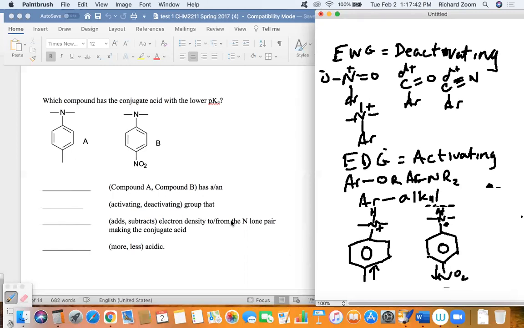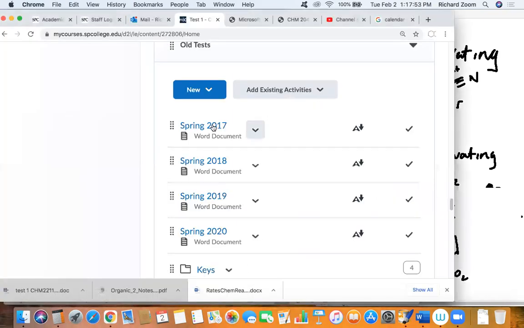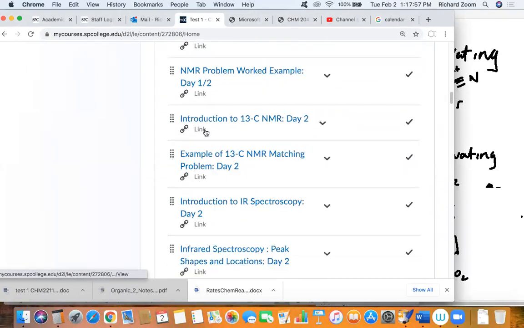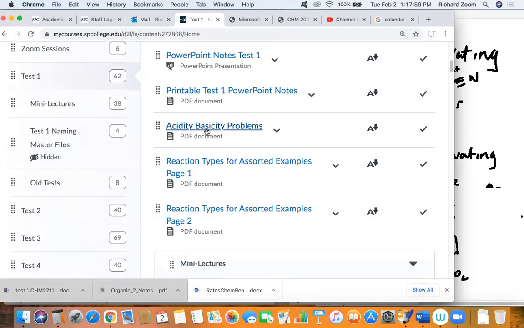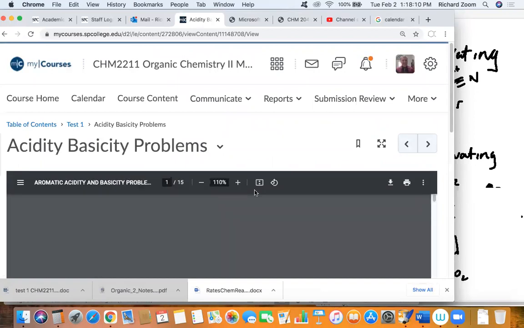Okay, anybody got any other questions? All right, let's talk about how you can practice this. Now there's a quiz here to help you practice this, and that's the acidity basicity quiz. I also have this PDF document here, which is acidity basicity problems. Let's look at that first.